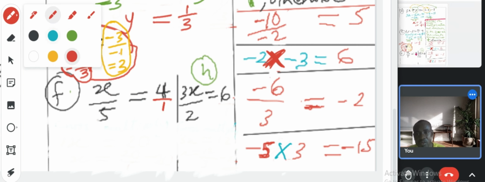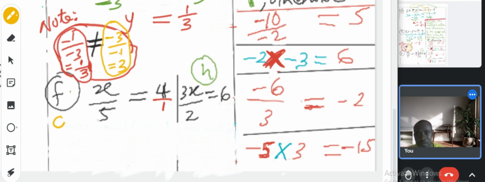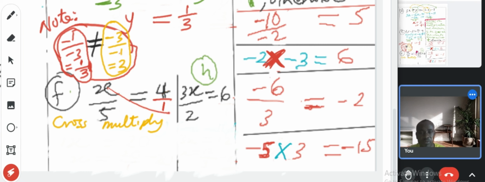So you can cross multiply. Cross multiply means up multiplies down, then down multiplies up. x times 1, and then 5 times 4. That's what cross multiplication means.